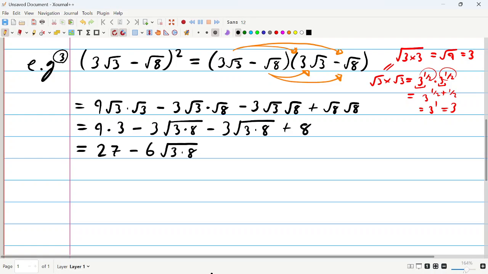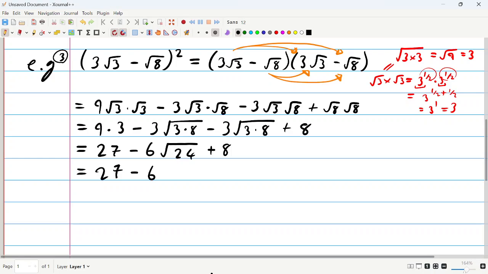Okay. And then what I want you to notice is we can try and simplify the 3 times 8, right? So 3 times 8 is equal to 24. So this is now going to be adding with 8. Now from here, we have a square root that we want to simplify. When we want to simplify square roots, we want, within the square root, a perfect square multiplying with the value.